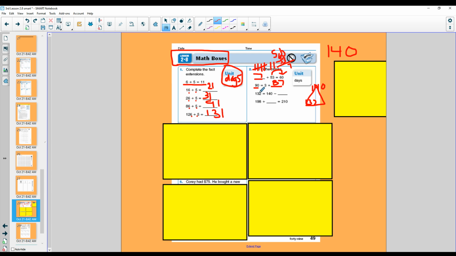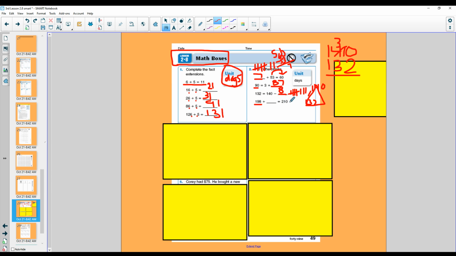What do we have to add to get there? 132, 133, 134, 135, 136, 137, 138, 139, 140. We see 8. You could have subtracted 140 take away 132, because that would have given us the answer. Because remember, we take away here to figure out what the answer is here. 10, 9, 8. We get the same answer.